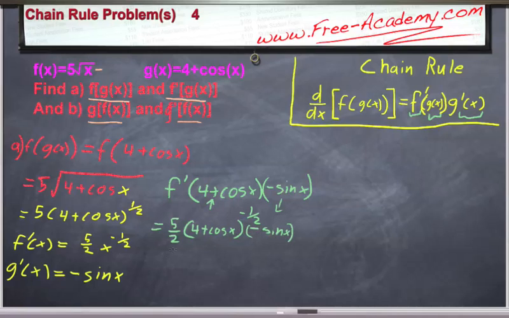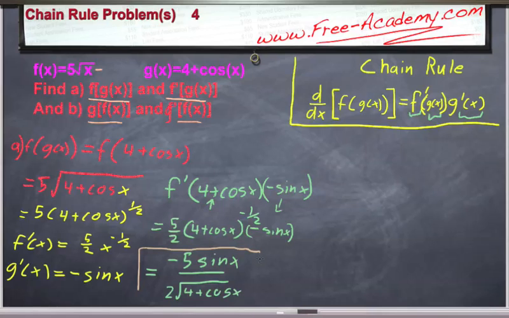So now we've implemented all of our values for the chain rule. We can clean this up a little bit, but this works reasonably well as it is. Just the same, we'll have negative 5 sine of x divided by 2 times the square root of 4 plus the cosine of x. And that is our derivative of f of g of x.